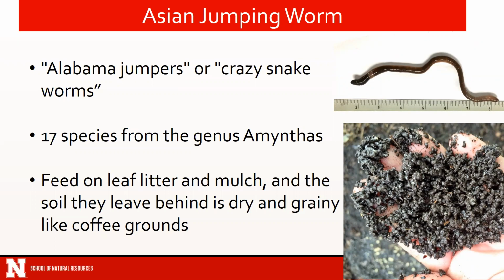What these guys do is they feed on the very top leaf and litter layers. Just the first 3 to 4 inches of soil is where they'll be in very high numbers, because they reproduce very frequently, and they will quickly make all of that soil look like ground coffee grounds.